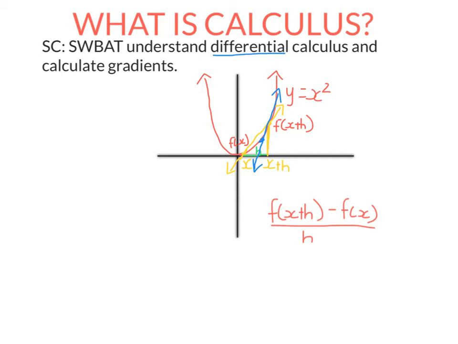So what have I actually done? Well, if I make these 2 points closer together, what I'm doing is I'm actually decreasing the distance h. I'm decreasing the distance between the 2 x values. See, what I want is I want this point and this point to be as close together as possible.